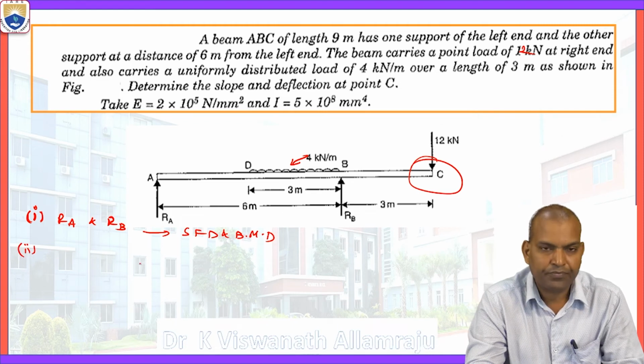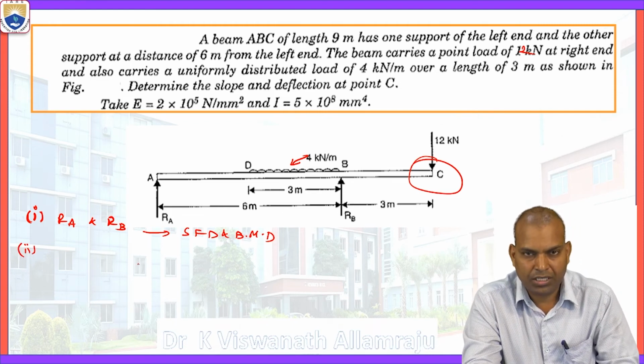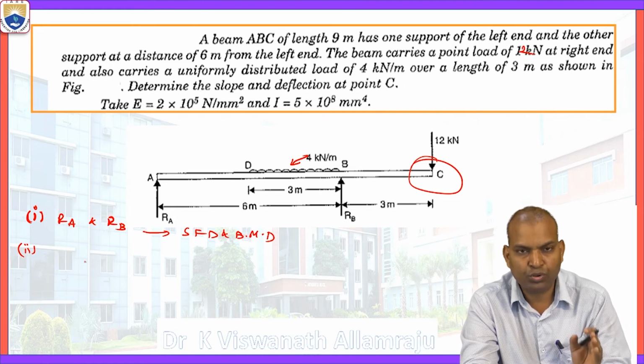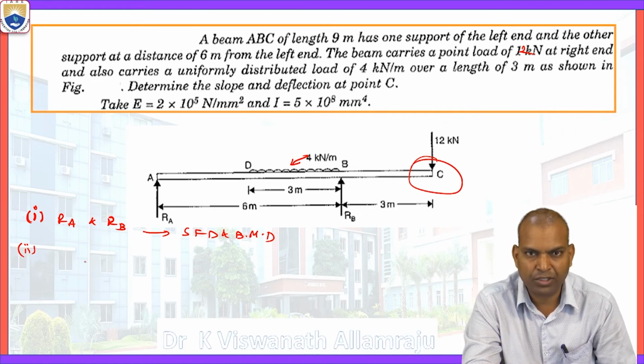Second step, write down the bending moment equation by considering a distance x at a certain portion between B and C, in such a way that the equation holds throughout the span of the beam.